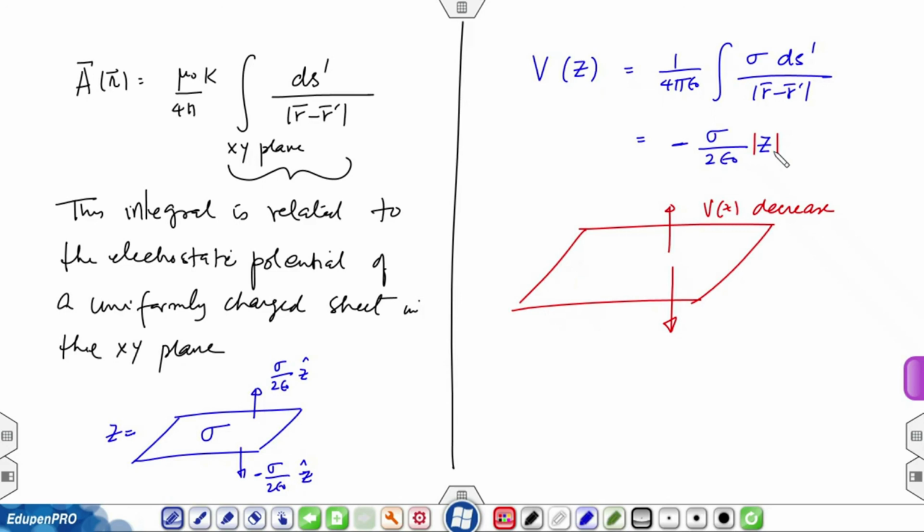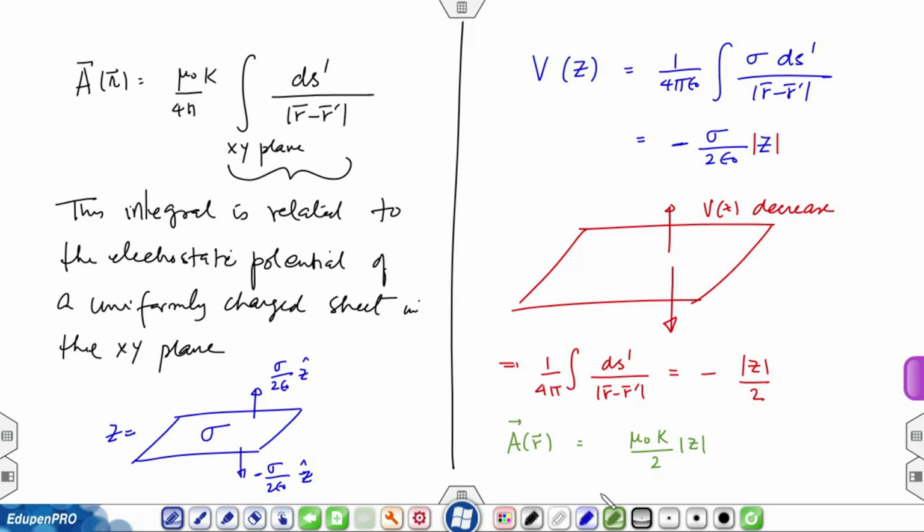Therefore, this immediately tells you that integral d s prime over r minus r prime is equal to, let us put 1 over 4 pi also, epsilon 0 cancels, minus mod z over 2. And therefore, A r is going to be equal to mu naught k over 2 mod z. That is the answer.